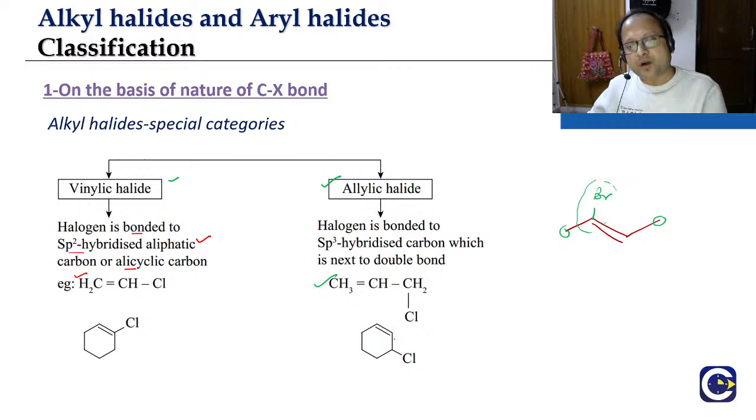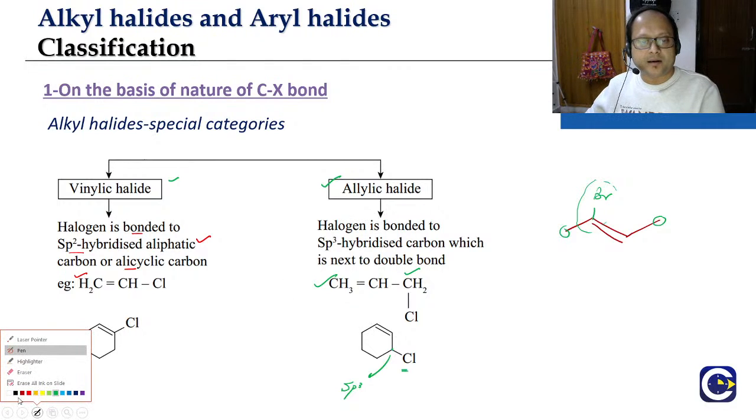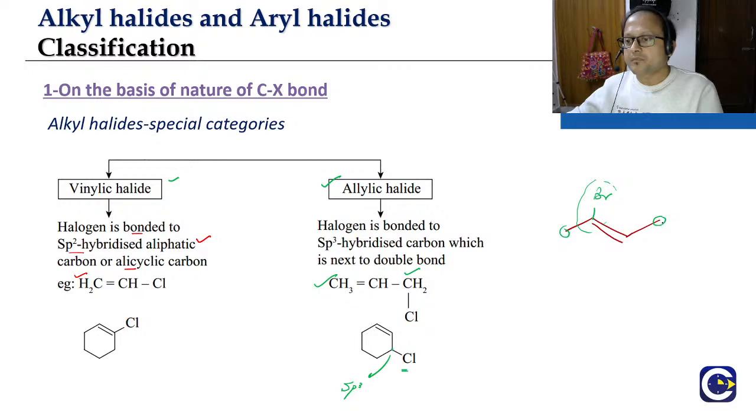In the alicyclic form also, you see, you have placed the halogen after the double bond, so it is sp3. This carbon is sp3 hybridized. Same goes for this carbon. This is also sp3 hybridized. So if I place, say, iodine over here, right? So now in this particular example you have got both bromine as your vinylic halide and iodine as your allylic halide.